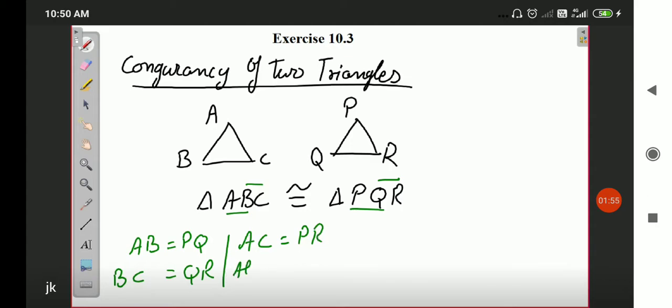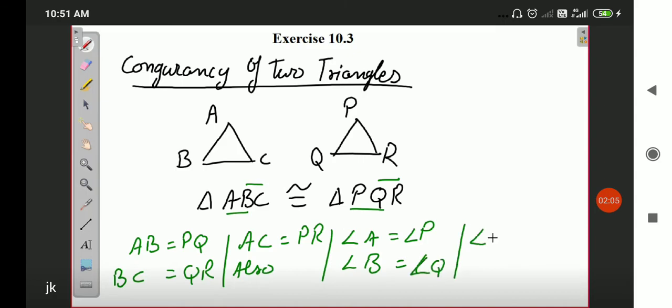Also, their corresponding angles, angle A and angle P are equal, angle B and angle Q are equal, and finally angle C and angle R are also equal. So if all these 6 pairs of things are equal, 3 pairs of sides and 3 pairs of angles, then in that case, the triangles are called congruent triangles.